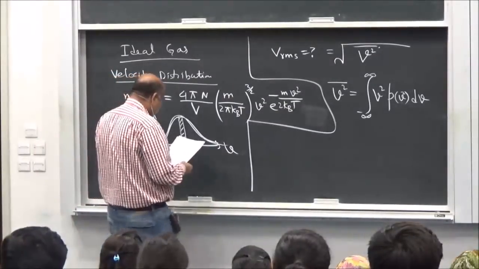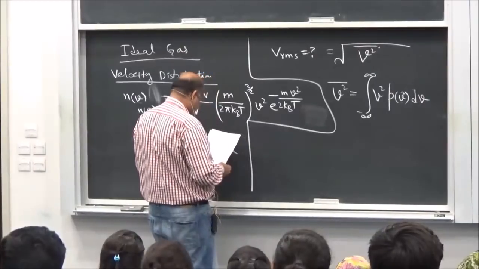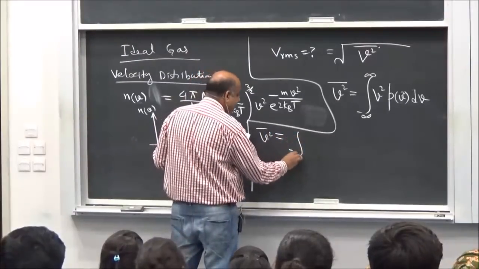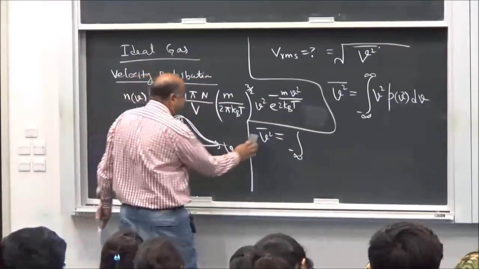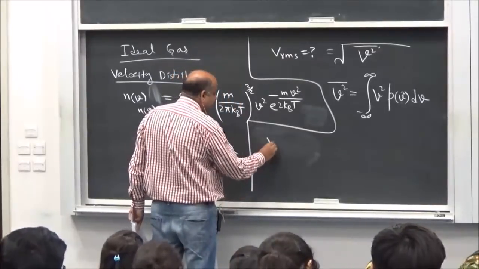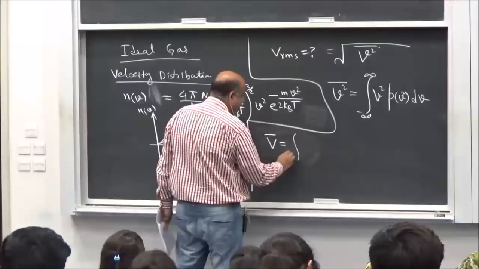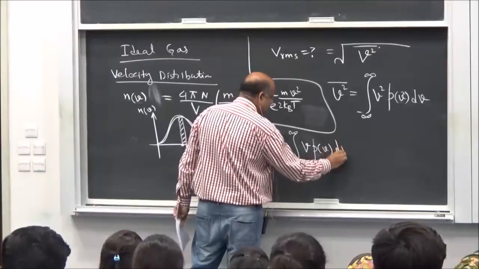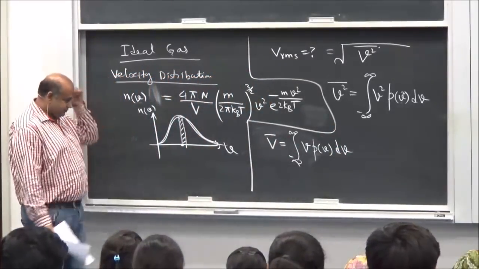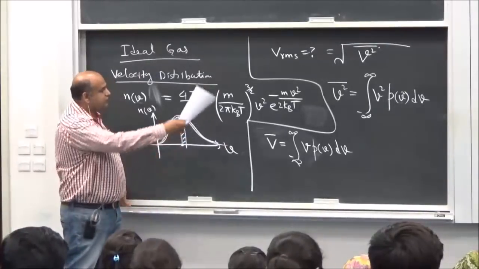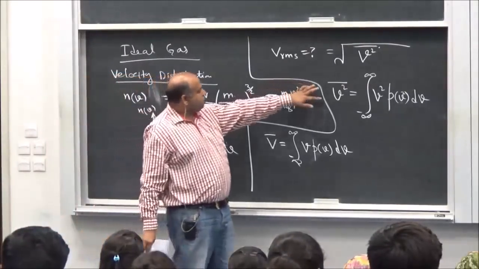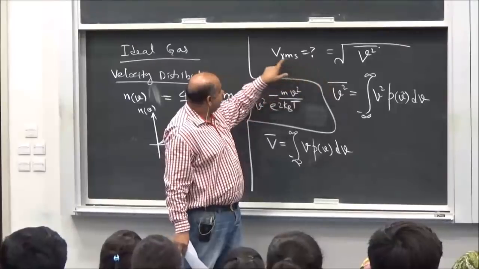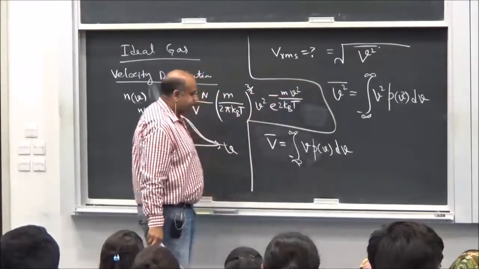So v square average can then be written as this. और इसी तरह से अगर आप find करना चाहें v bar, average velocity, that would be the integral of v P(v) dv. Okay? So this is the average velocity, and that is the square of the root mean square, या simply average of the velocity square. जब आपने V_RMS find करना होगा तो इसका square root करेंगे.